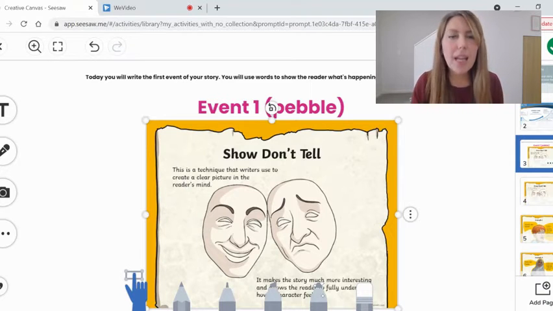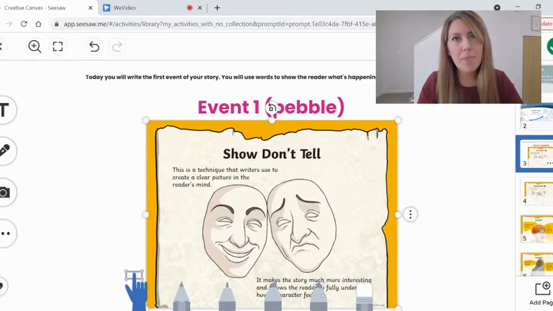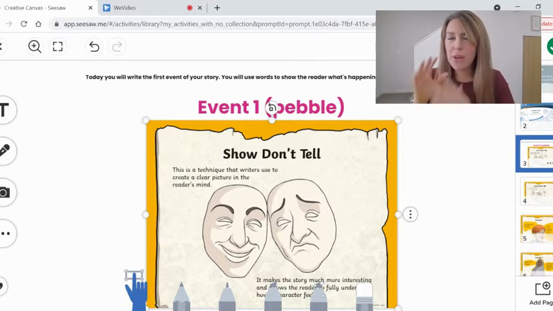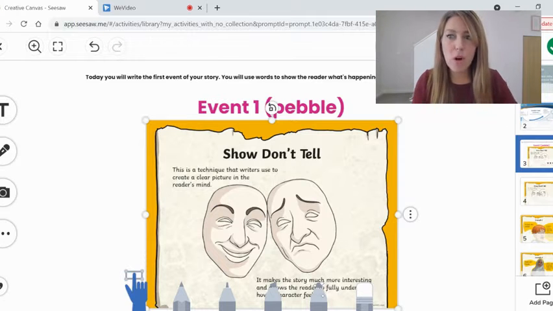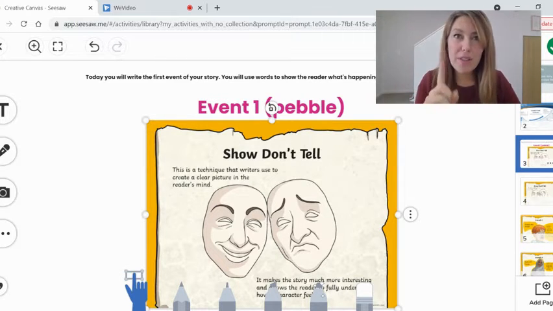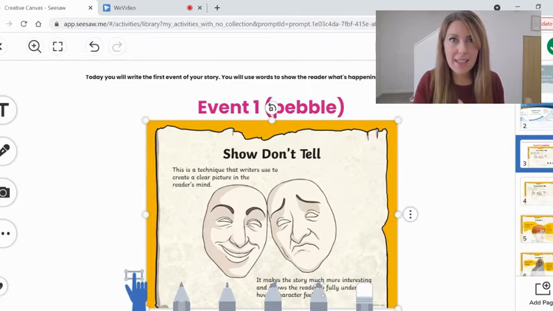And rather than just telling the audience exactly what's happening, like we were looking at last term, it uses words to paint the picture in the reader's mind. So today I'm going to show you lots of different examples of show, don't tell. And then you're going to write your first event, the pebble, using the show, don't tell technique. So it's going to be a very descriptive first event.